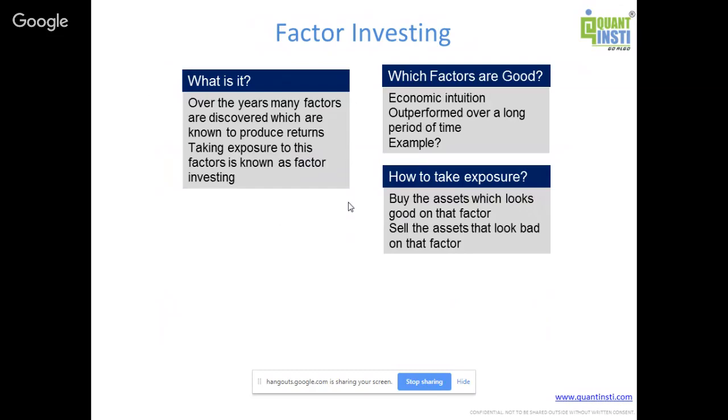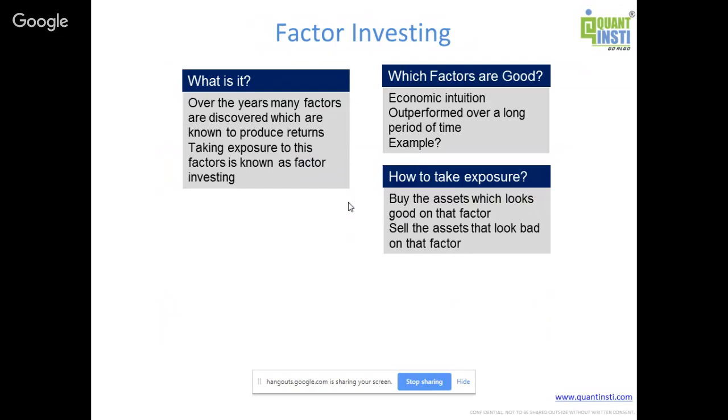So if you are a kind of investor who thinks small cap stocks will give more returns than large cap stocks, then some proportion of your portfolio you can allocate to that factor. If you think value can yield good returns, then you should allocate some capital to those factors. And how do you take exposure?